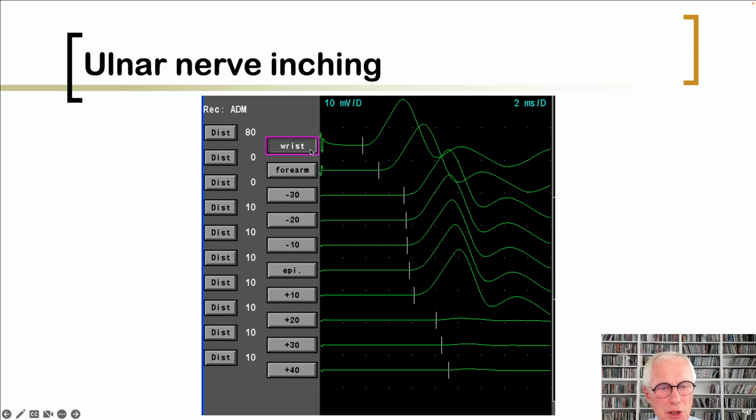Ulnar nerve inching across the elbow, and you see that the abnormality is about 10 to 20 millimeters above the elbow, right, above the medial epicondyle. The epicondyle is right here.